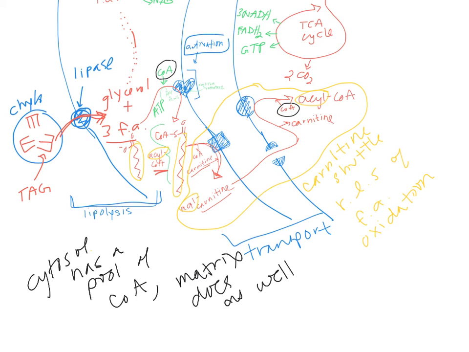But they're not the same CoA. So if we were to radio label them or make them all carbon 13s, you'd notice that these CoAs never actually cross the membrane, and they're different from those CoAs, and that's a regulatory aspect of all of this.